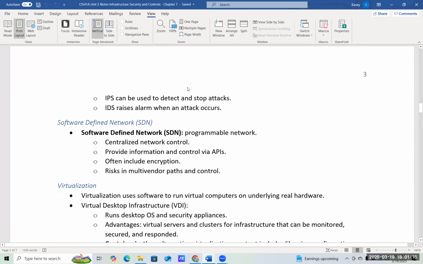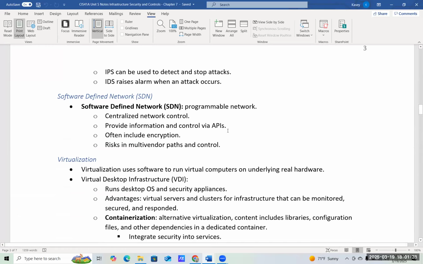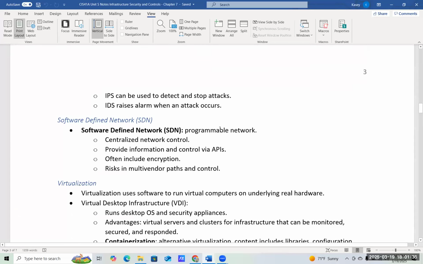So the next part here talks about software-defined network, your SDN. This is a way that you can do network control in a centralized way. We can use an application programming interface. You can use this for an automated type of environment. So simply, it is a programmable network, right?